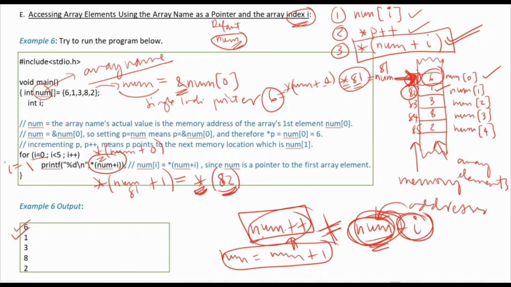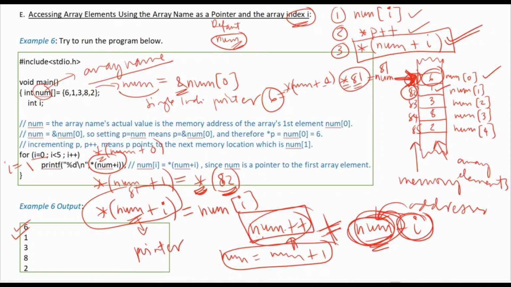So the expression asterisk num plus I is the same as saying num[I]. In here, we simply put emphasis on the fact that num is a pointer, because we make use here of the pointer operator asterisk, which is to access the value pointed by the pointer.